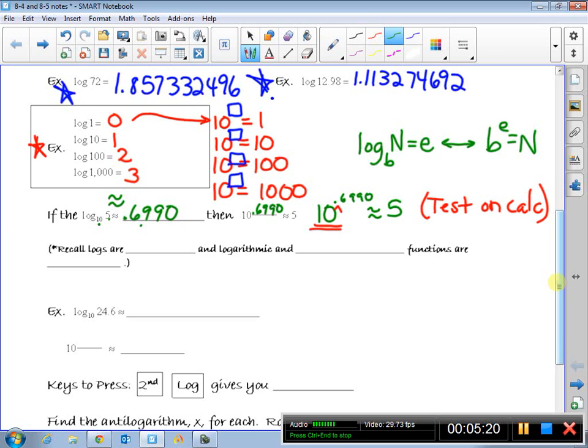So remember from the beginning of the chapter, logs are exponents, and that the logarithmic and the exponential functions are inverses. We can see on our calculator, knowing that they're inverses, check out that log button.